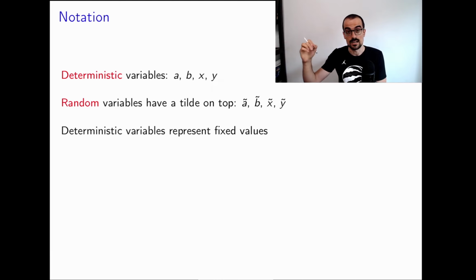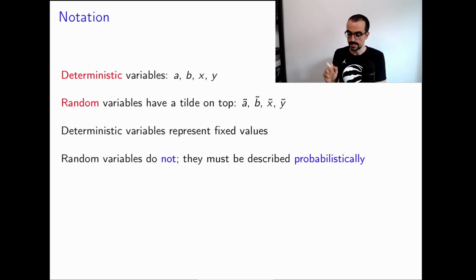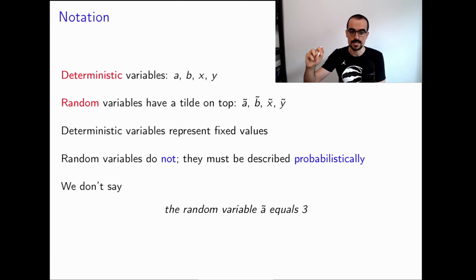There's going to be some other variables which we're going to call random variables, and those we're going to represent with a tilde on top. And those variables are uncertain, they don't have a fixed value. We cannot say, the random variable a equals 3.